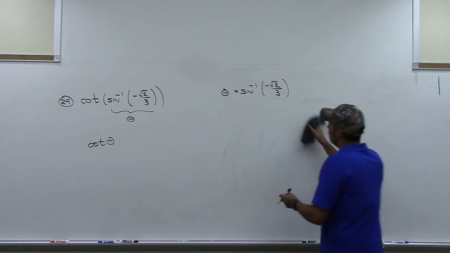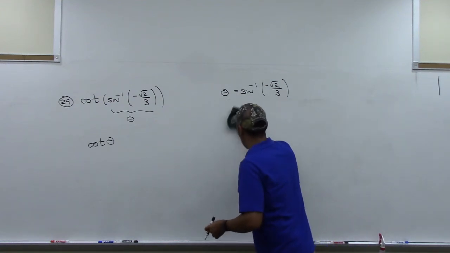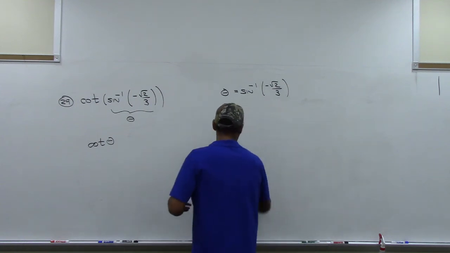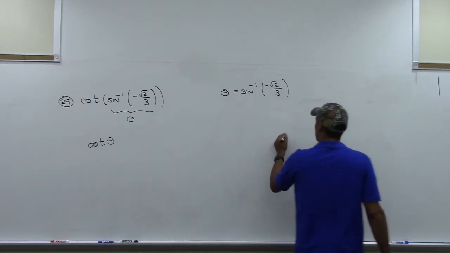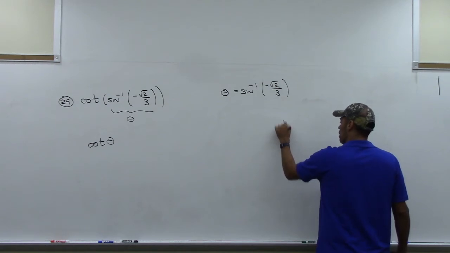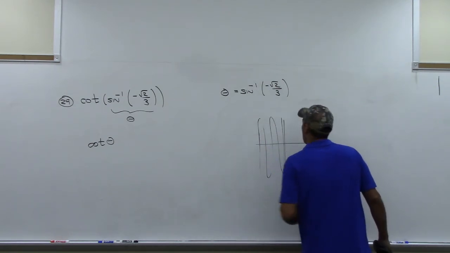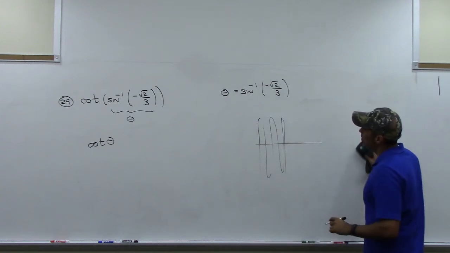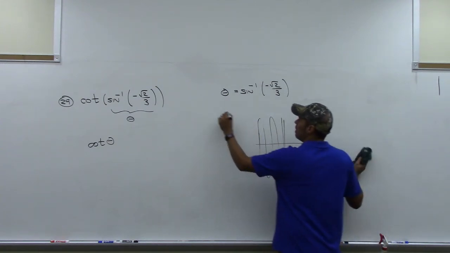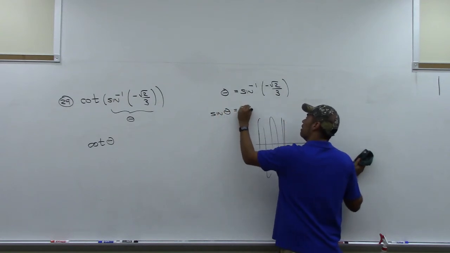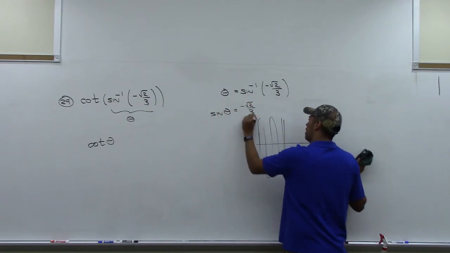So let's try and draw a little triangle, but we've got to figure out what quadrant we're in. If we're dealing with arc sine, we can't be over here. And I need that when I take sine on both sides, that sine is negative root 2 over 3.